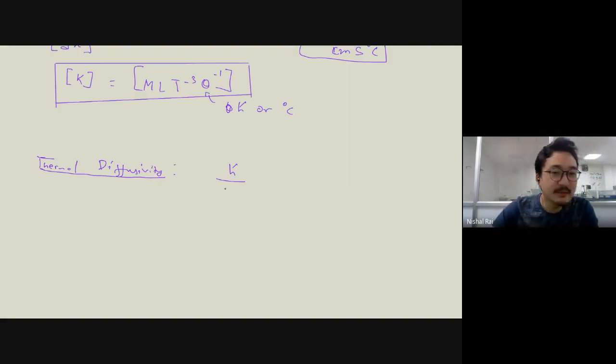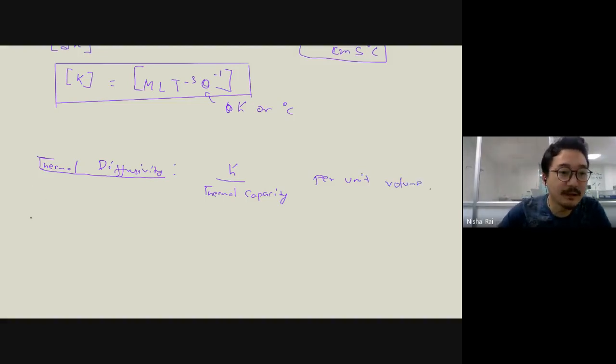So what was thermal capacity? Thermal capacity per unit volume. The thermal diffusivity is given by H. Clear?